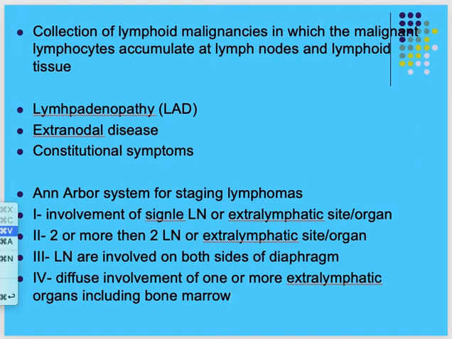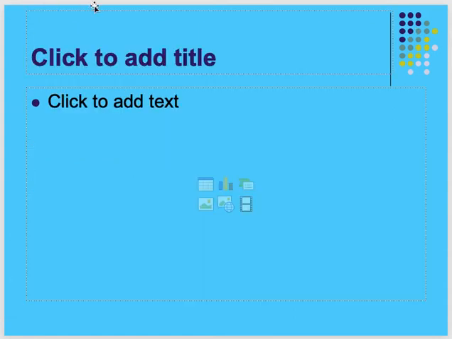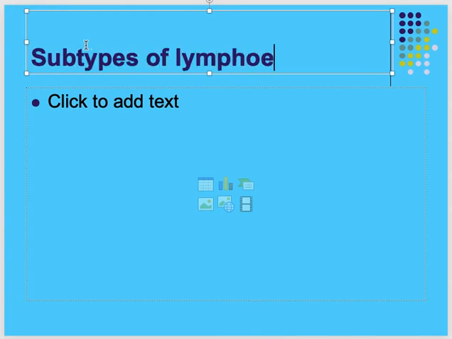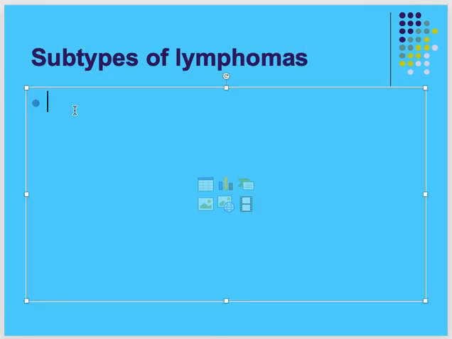Now the subtypes of lymphomas collectively are called subtype A or subtype B. What is subtype A?